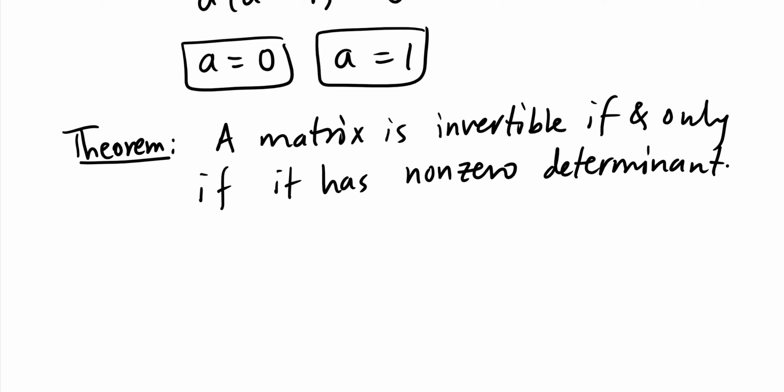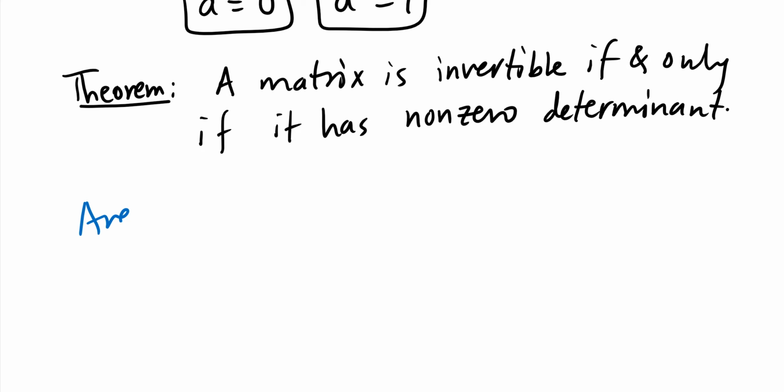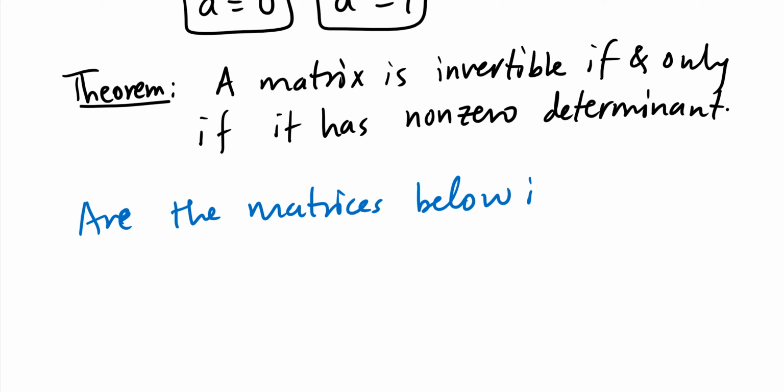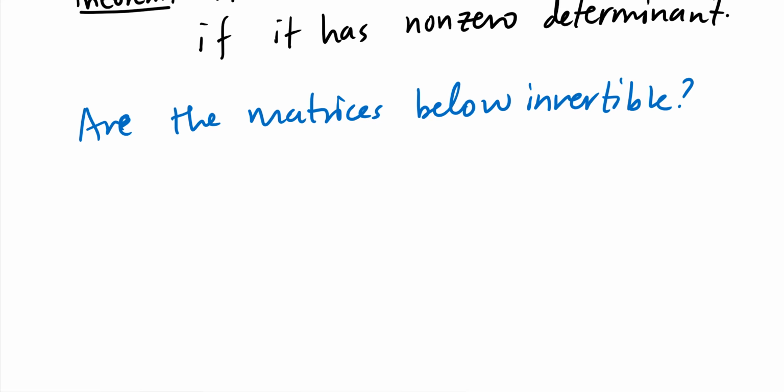It has a non-zero determinant. So let's look at an example. Are the matrices below invertible?